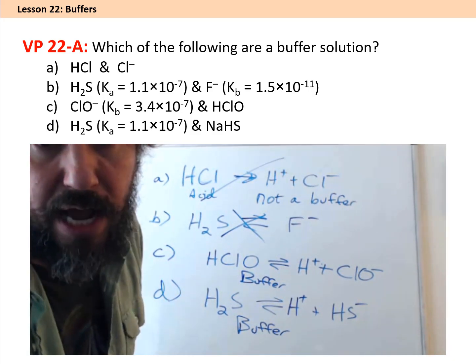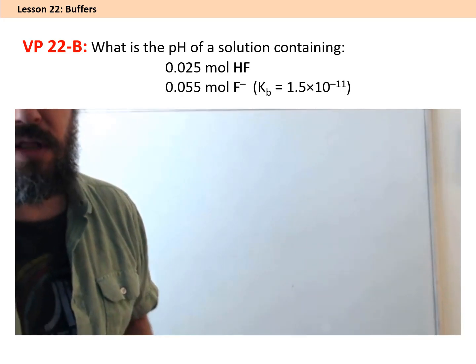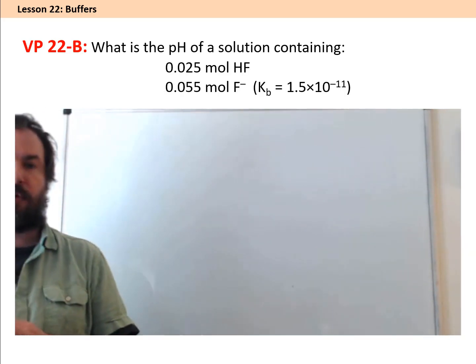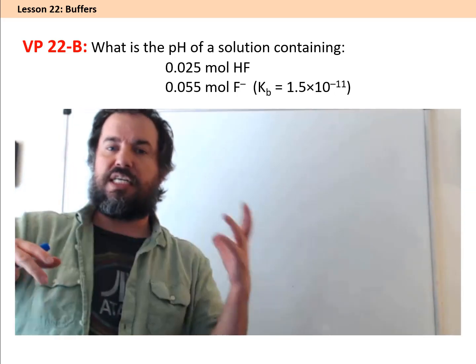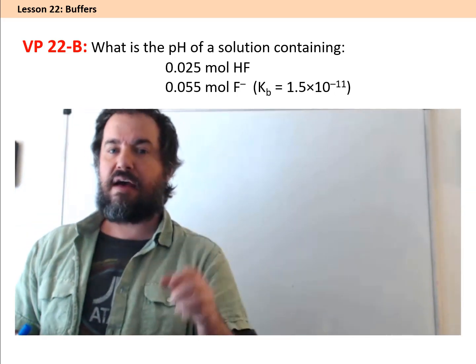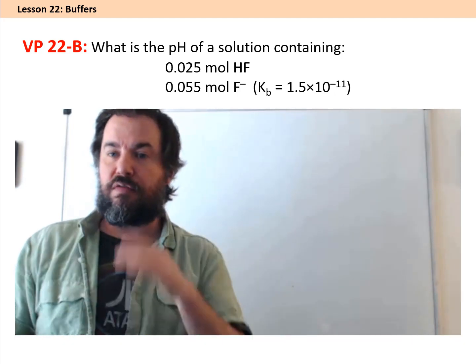All right, so now let's go ahead and look more at the calculations involving buffers. So let's say for video problem 22b, we're asked what is the pH of a solution containing HF and F minus. We're given a Kb and we're given the moles of both.